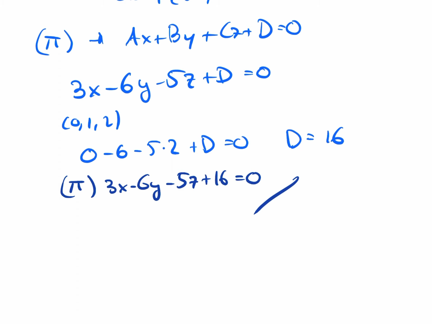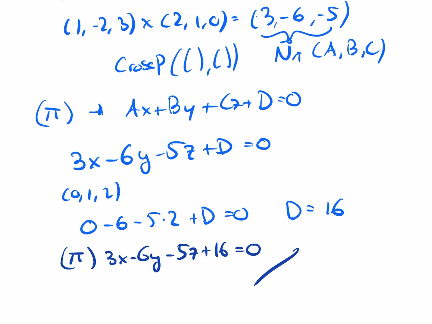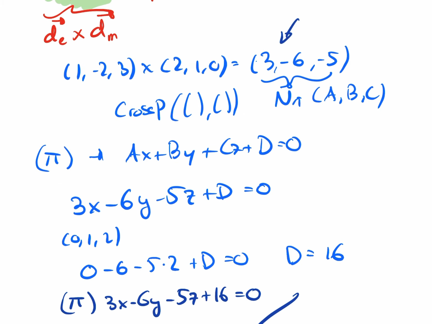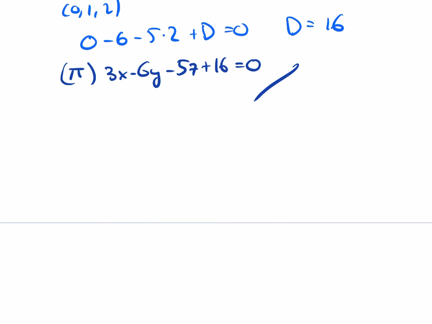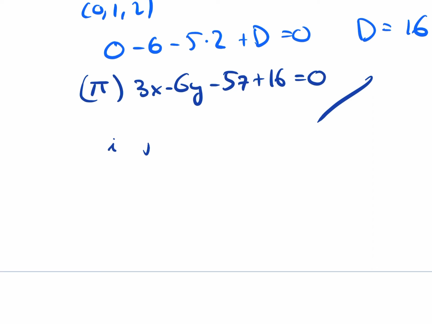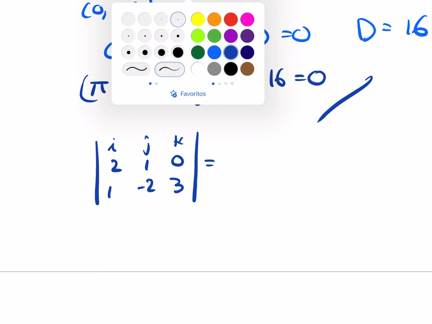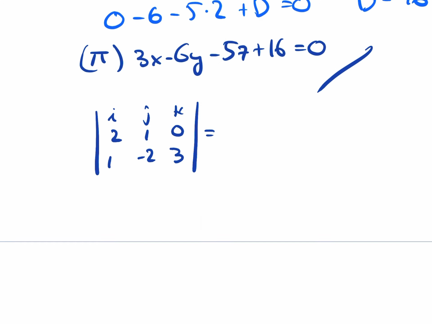If we want to elaborate a bit here, the way to calculate the cross product is using ijk. We find the value of the determinant, where we write ijk on top and the two vectors we've got. And then when we find the value of this determinant, we get the coordinates of the vector.